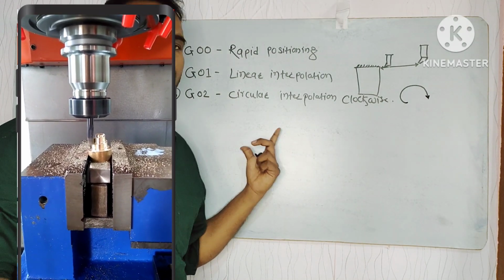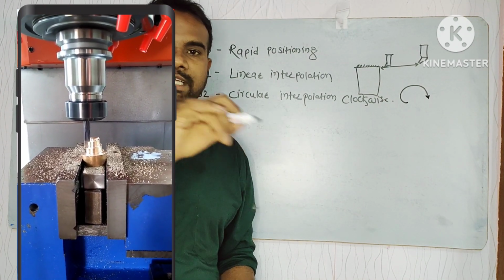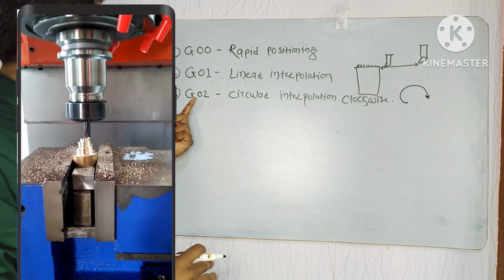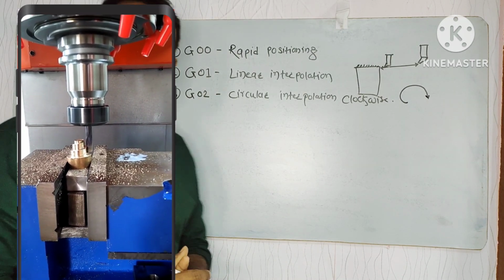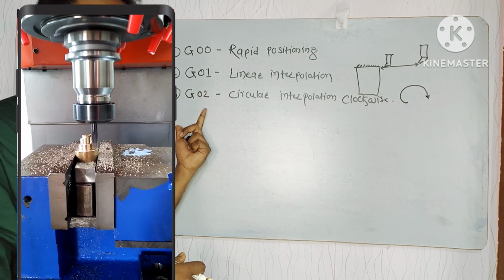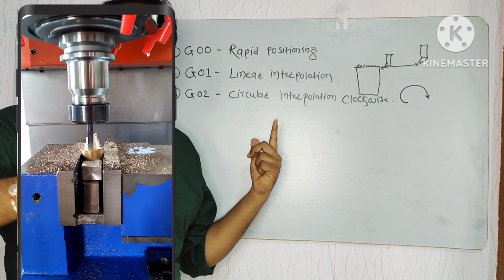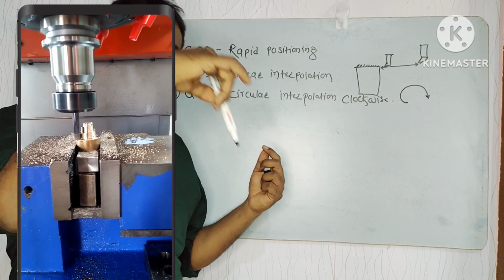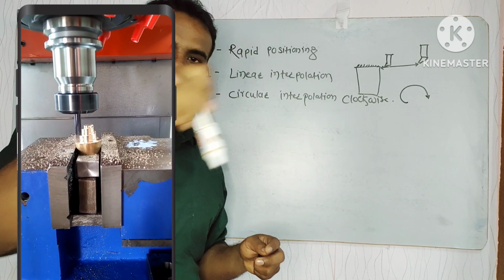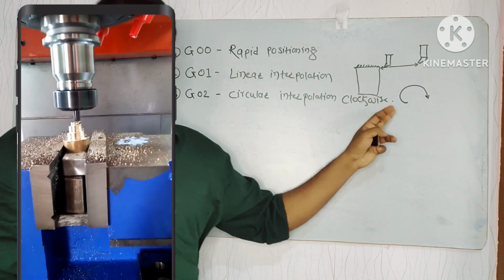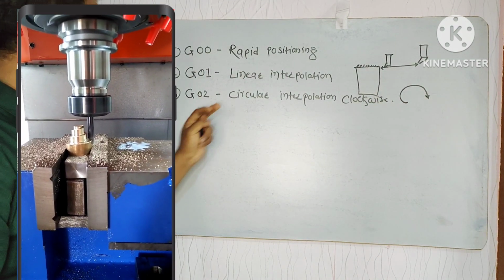Whenever we have to do circular machining in the clockwise direction, at that time if we give the command G02, it informs the machine to work in circular motion from its current position to the new coordinate, in the circular direction.